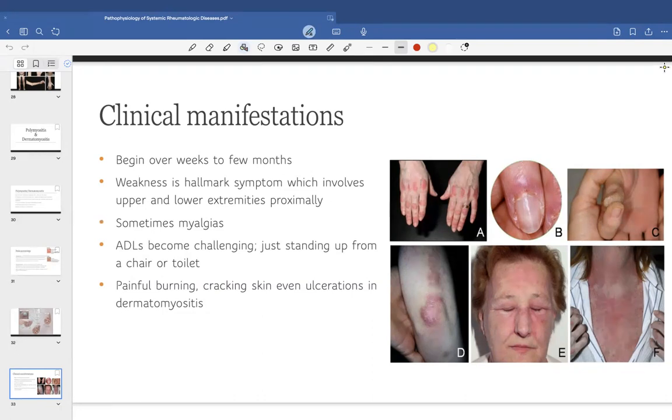And in dermatomyositis, the skin itself becomes extremely painful, with a burning sensation. It'll actually start to crack and ulcerate. These are some of the classic rashes and changes that you'll see with dermatomyositis. So add that to the proximal muscle weakness. Any questions?